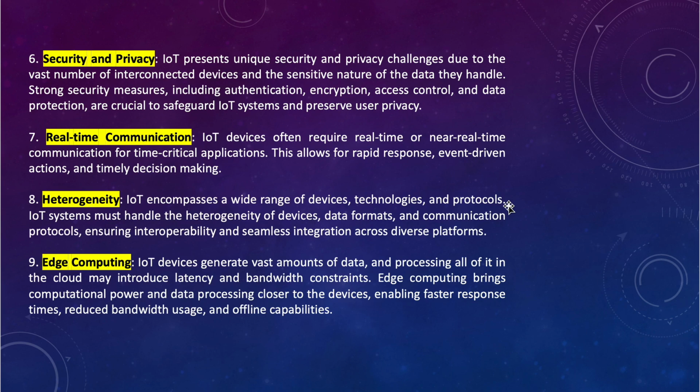But an IoT system should have the capability to handle the heterogeneity, in a sense, the differences. Here it says communication protocols, devices, meaning the hardware itself, and data formats, right?